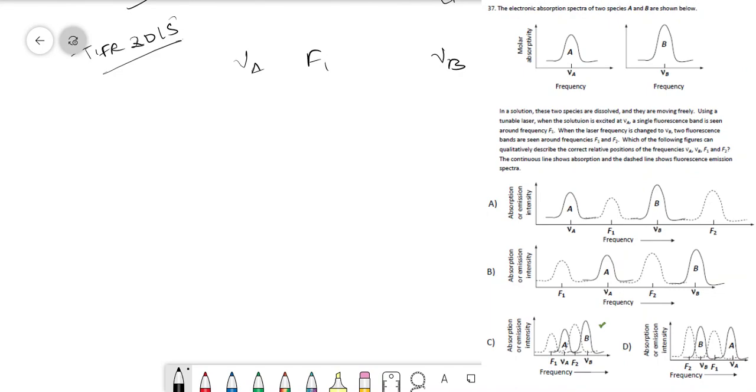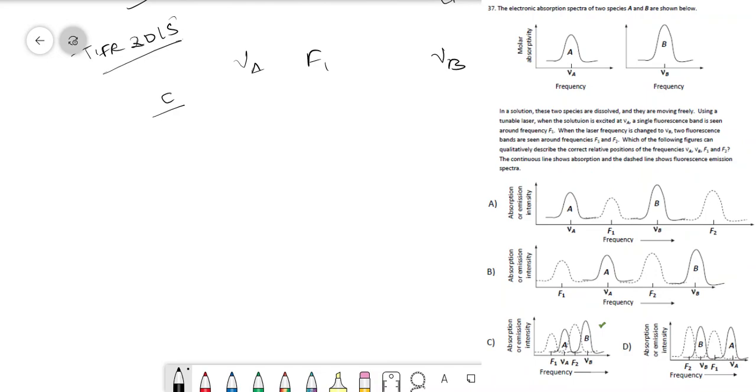If you look at C, since absorption, if you see in the given figure, B is very intense. But in option number D, the absorption of B is weak. That is not going to happen. The absorption will stay higher. The option number C is the correct one. And both C and D have overlapping regions for emission and absorption. That is why the answer has to be from C and D only.